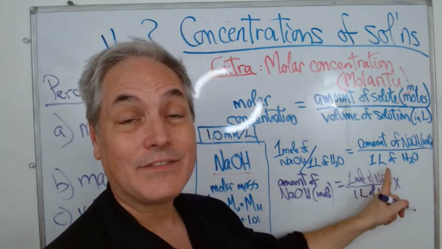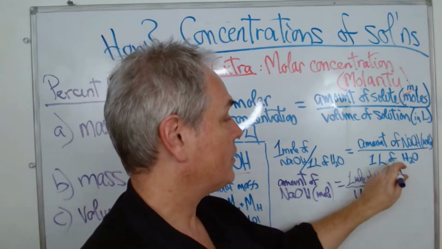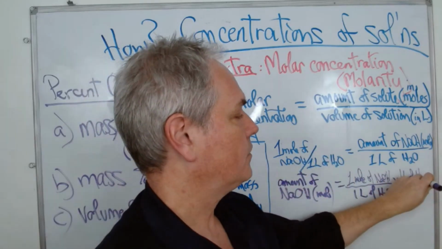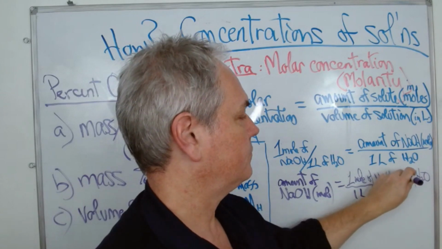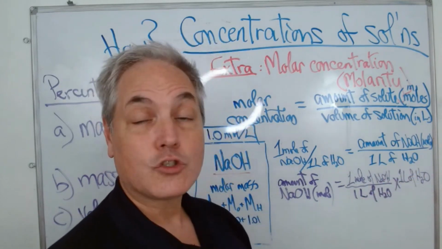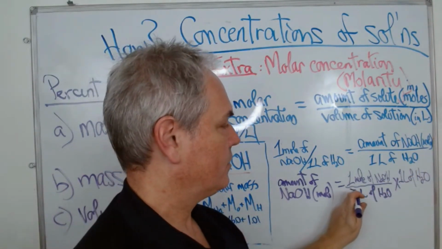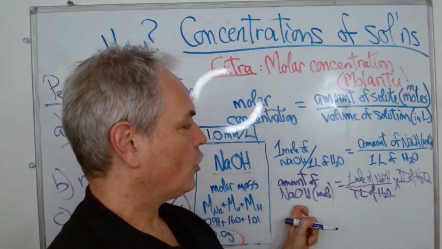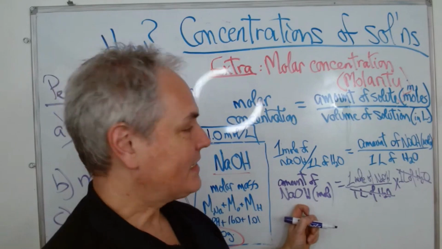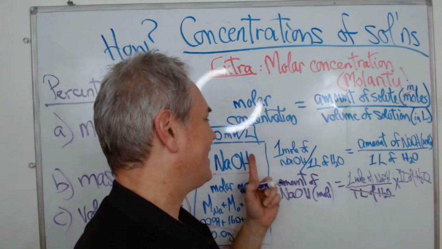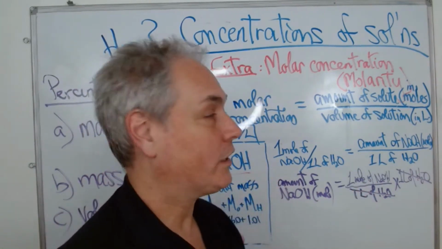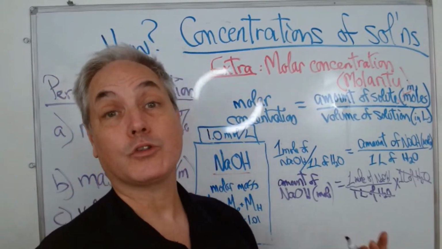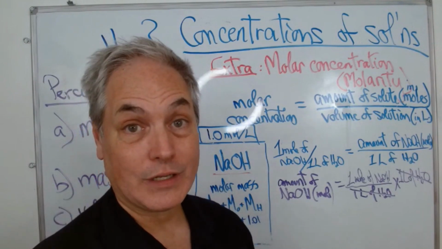And because I divide by 1 liter of water, I will multiply on the other side by 1 liter of water. So here we can do some simplification. We can simplify those two. So the amount of NaOH I need is 1 mole. That's easy because we're all working with ones. If I was looking for 2 moles per liter or 6 moles per liter, I'd have a similar example.